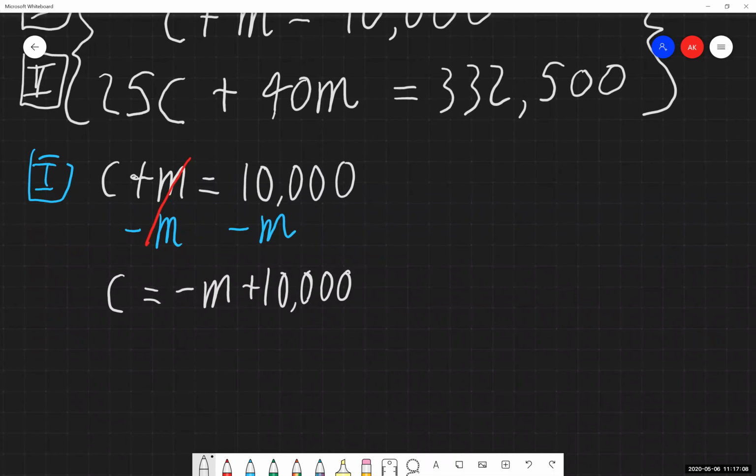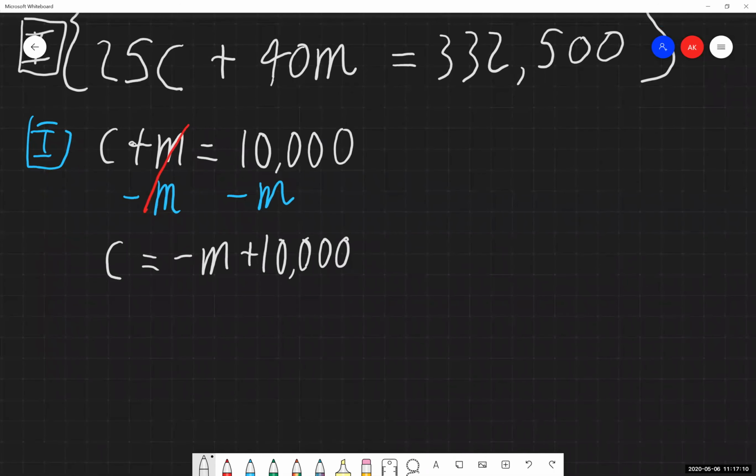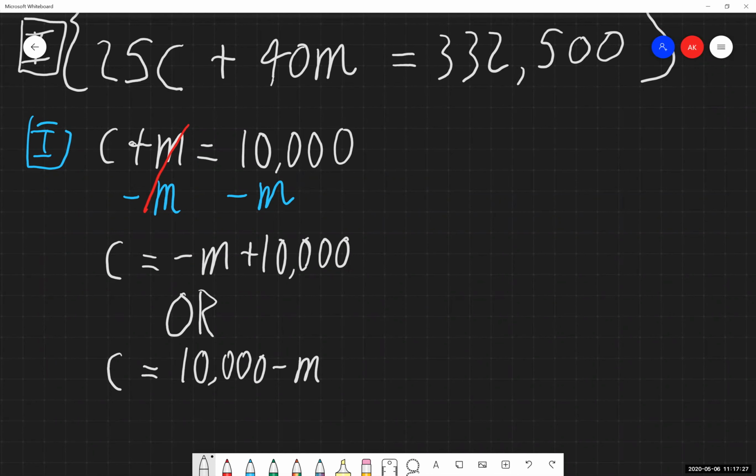And now I do want to clarify this for anyone that's maybe thinking, okay, what if I wrote it this way? You can write this out as C is equal to negative M plus 10,000, or, and it means the same thing as long as you keep the sign correct, 10,000 minus M. Doesn't matter which way you choose.